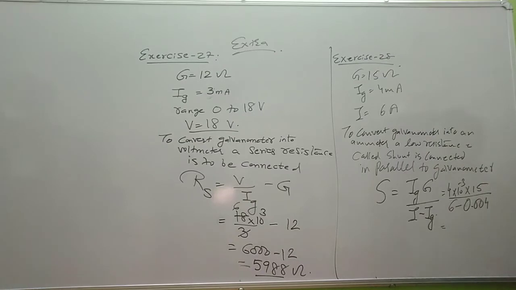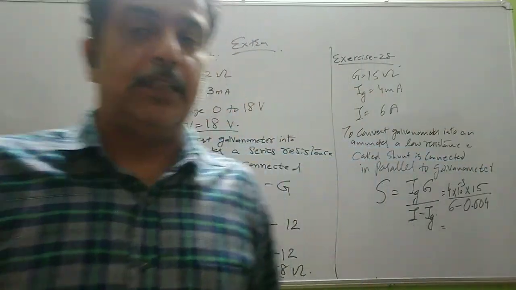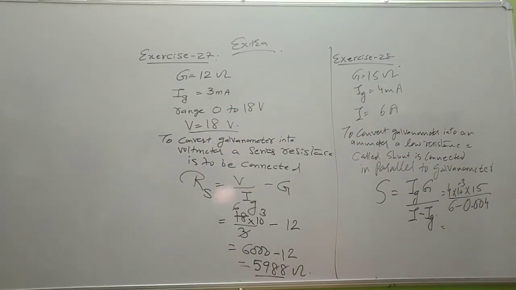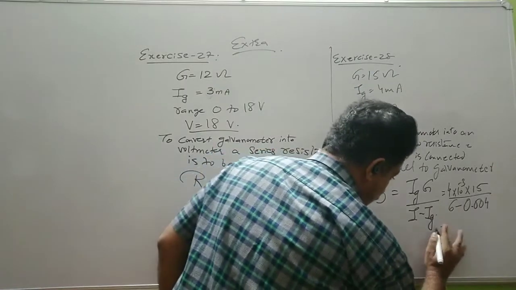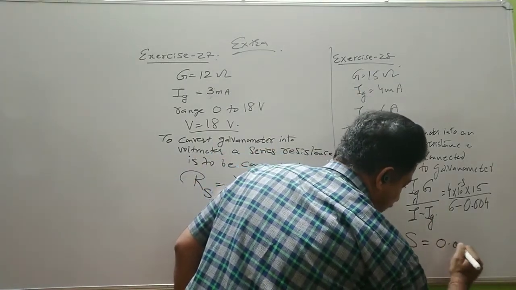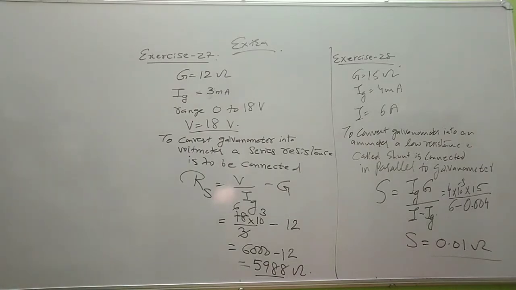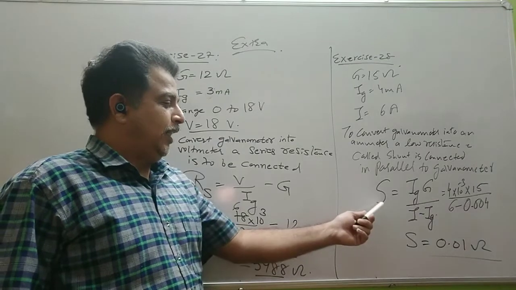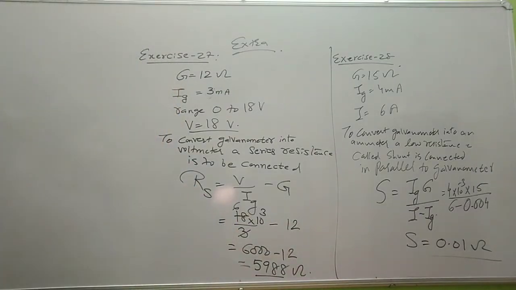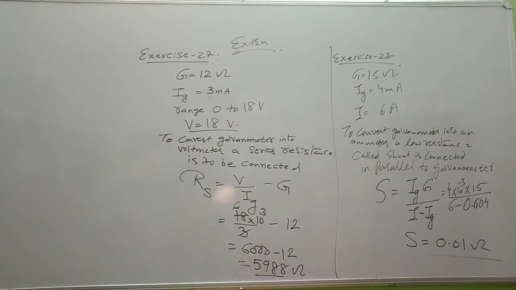When you do this calculation, this S comes out to be 0.01 ohm. So it is a low value resistance which should be connected. Ideally we have studied that the ammeter's resistance should ideally be 0, and the voltmeter's resistance should ideally be infinite.